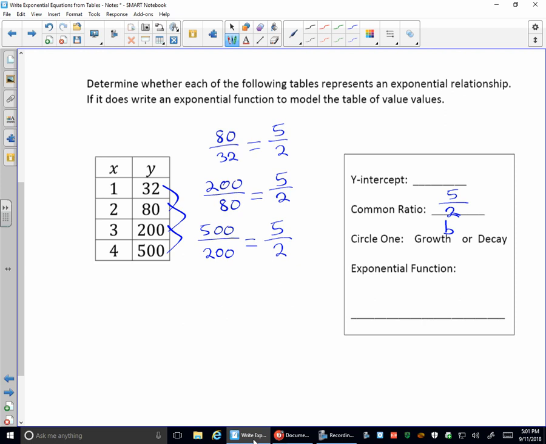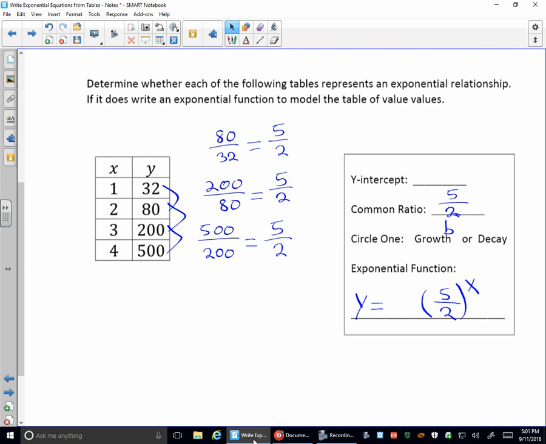So what do we know about this? If we talk about the equation, it's y equals some value times 5 over 2 to the x power. So we're missing the y-intercept. Let's find it. What I want you to understand about an exponential function is why that common ratio is so important. What you're really doing is a pattern of multiplication.